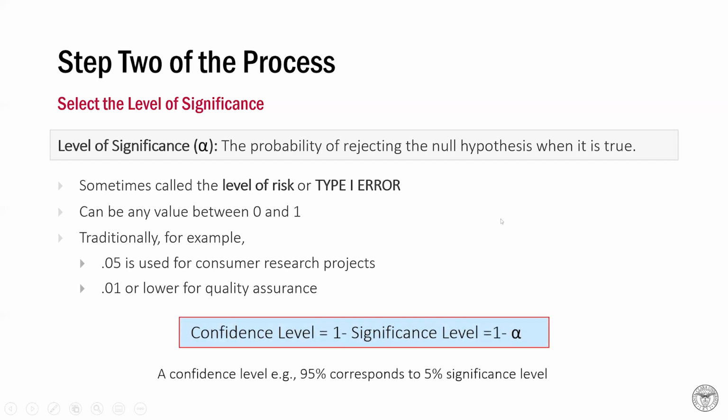We have previously introduced the confidence level, which is equal to 1 minus the significance level, or 1 minus alpha. For example, a confidence level of 95% is equivalent to a 5% significance level, or a 1% significance level is equivalent to a confidence level of 99%.